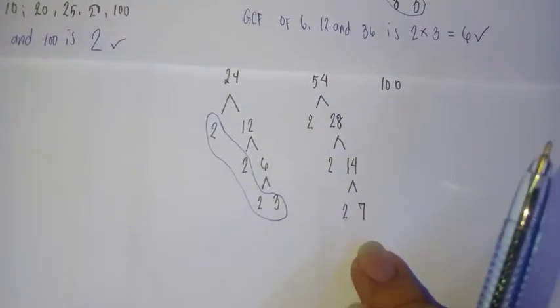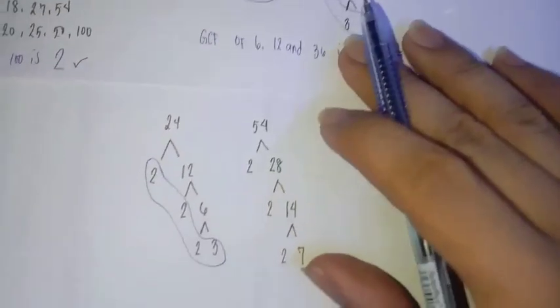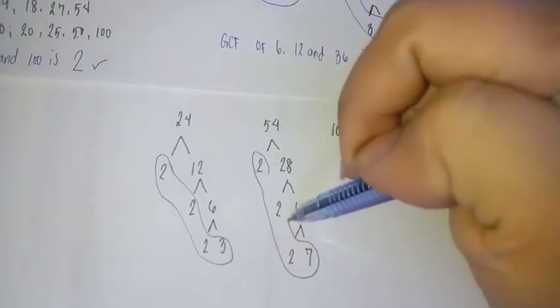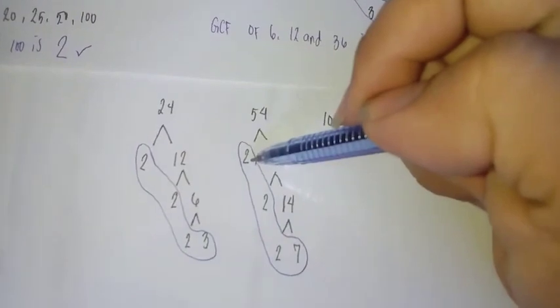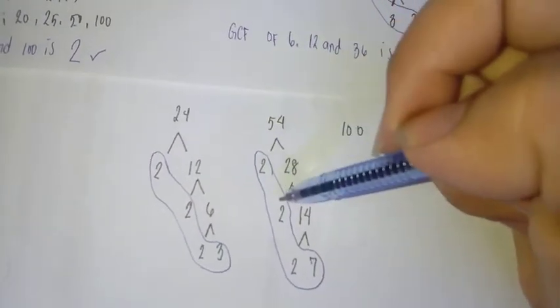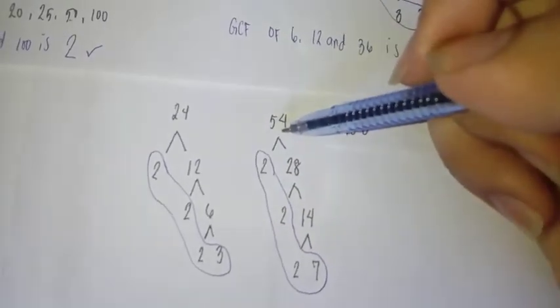It can no longer be factored further, except for 1 and itself. So 7 is considered a prime number. Therefore, the prime factors of 54 are 2, 2, 2, and 7. Since 2 times 2 times 2 times 7 is 54.